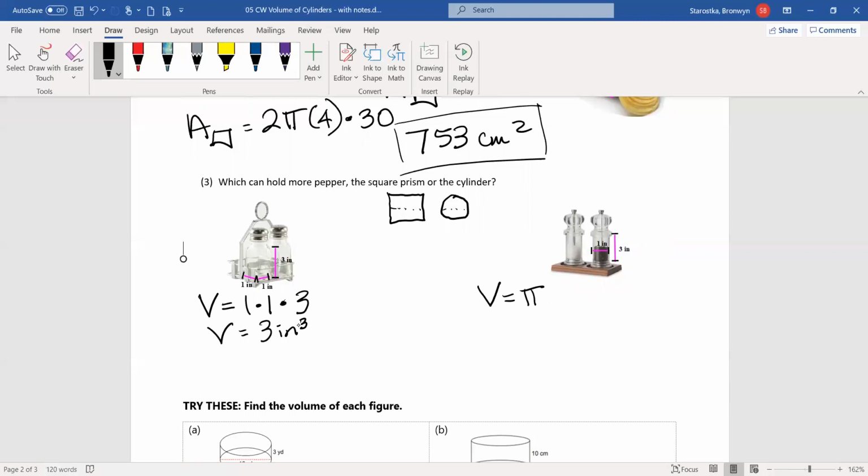So if it's 1 inch across, it's 0.5. 0.5 squared times our height of 3. And when we plug this into our calculator, we get a volume of 2.37 cubic inches. So what's the difference? It's those little corners in our square. So the square wins.